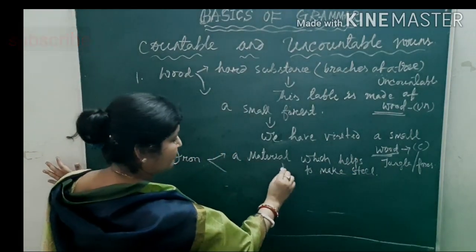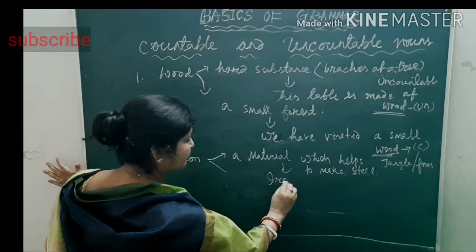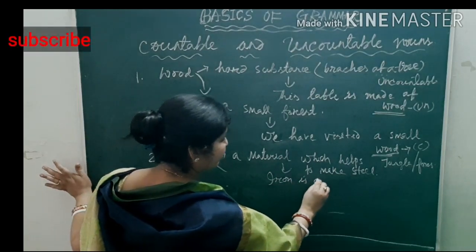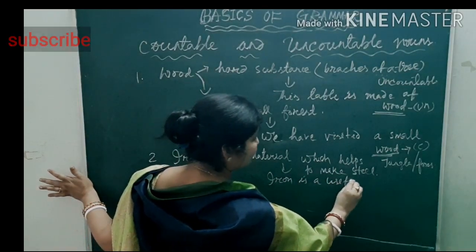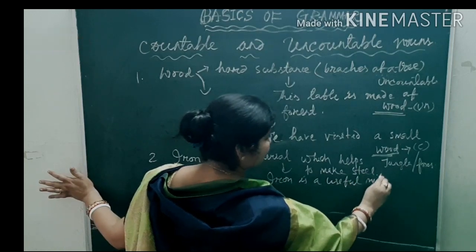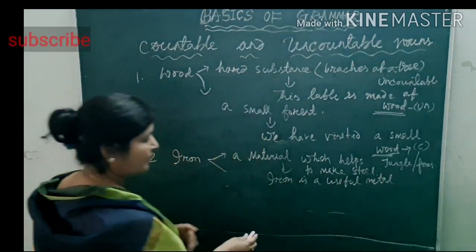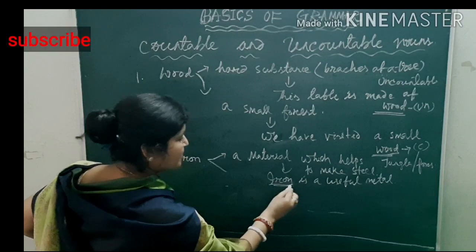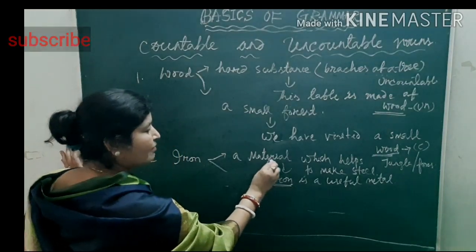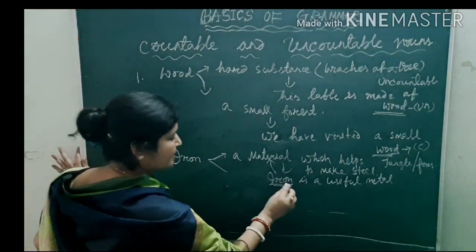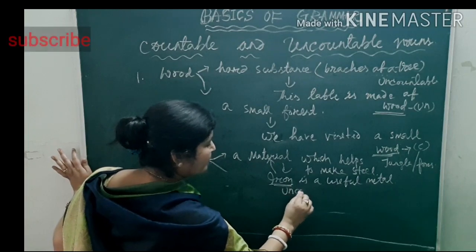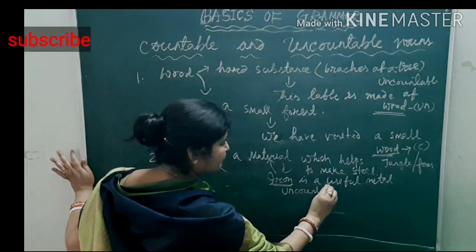For example, iron is a useful metal. Here iron is used as a material or a substance, so it is known as an uncountable noun.